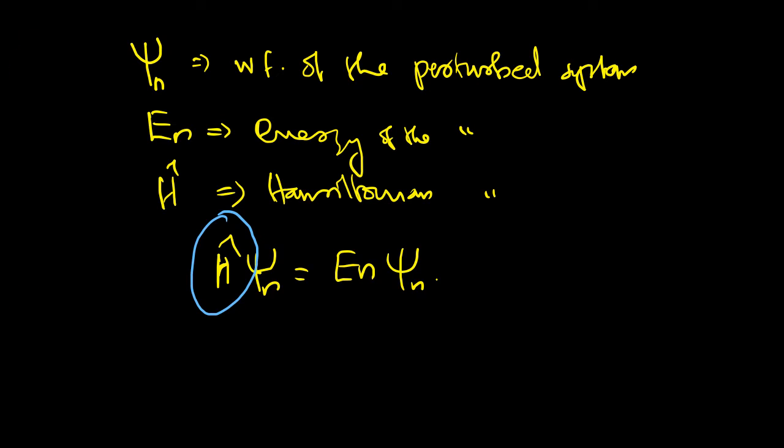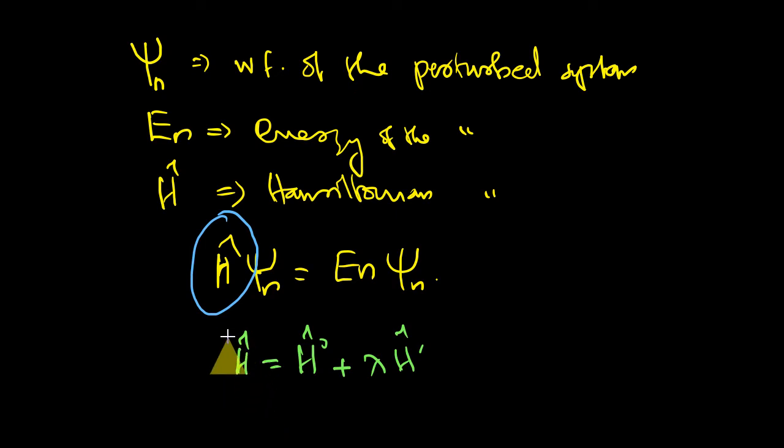Okay, I will explain once again. This Hamiltonian h cap can be constructed from the Hamiltonian of the unperturbed system. That means h cap can be expressed as h cap 0 plus lambda h cap dash, where h cap 0 is the Hamiltonian of the corresponding unperturbed system.